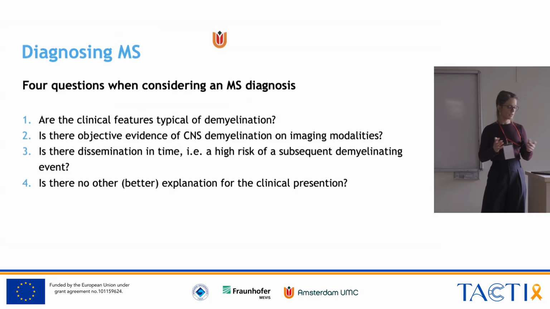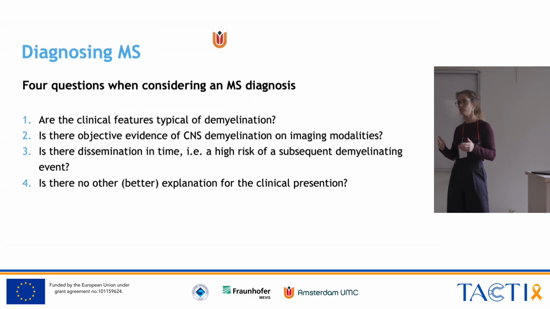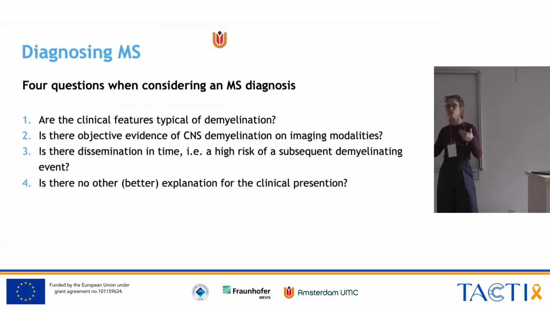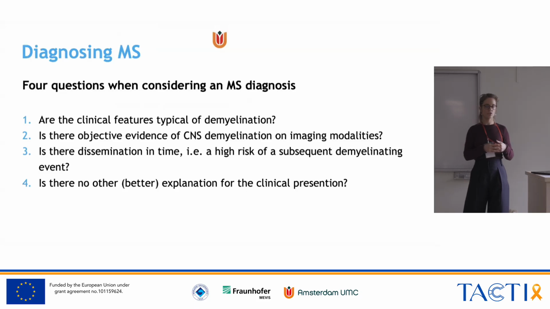Then, of course, very important nowadays, the question if there is objective evidence of CNS demyelination on any imaging modality. That will not be CT, so for that we will need an MRI, but there are also some other examinations, for example, the eye, the optical coherence tomography, that can show signs of demyelination.